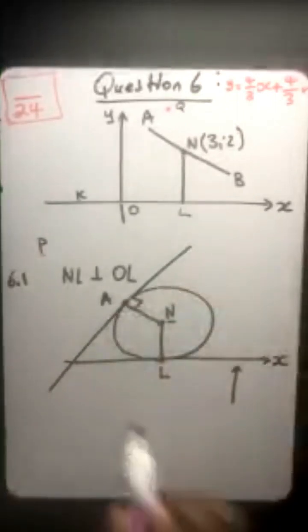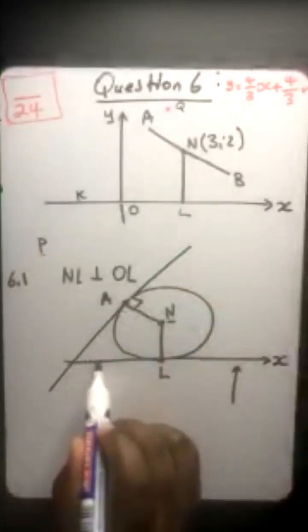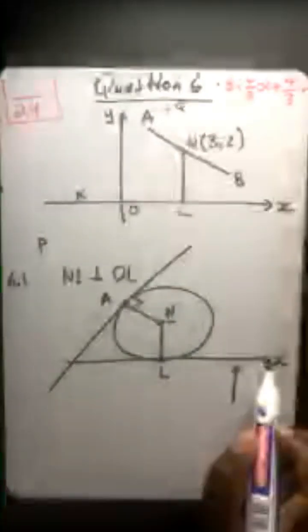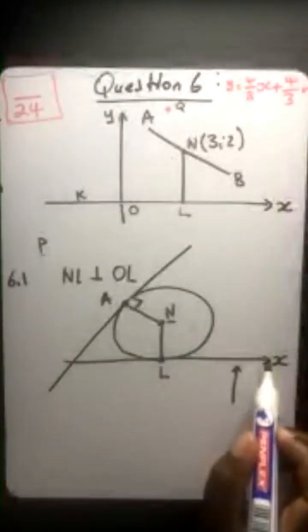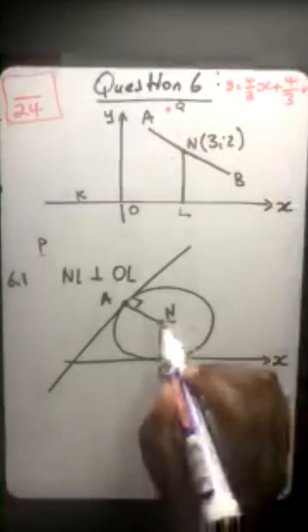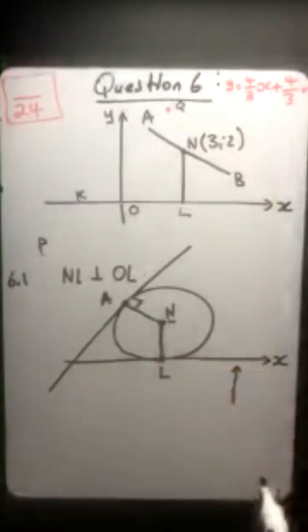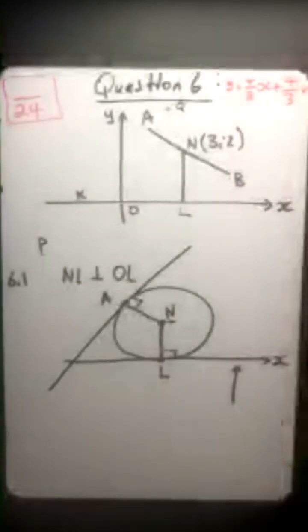So if you have a line which is tangent to the circle, and then you have a radius from the center to that same point, automatically those lines are perpendicular to each other.